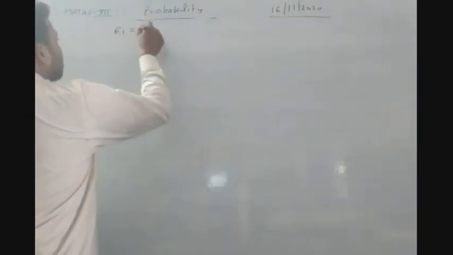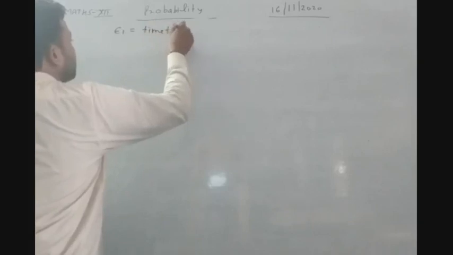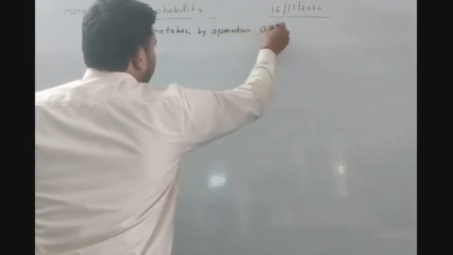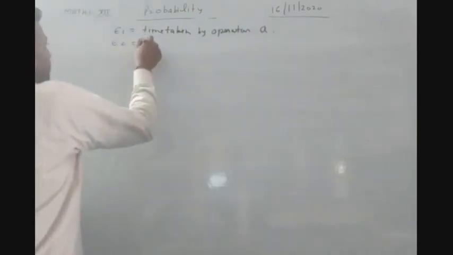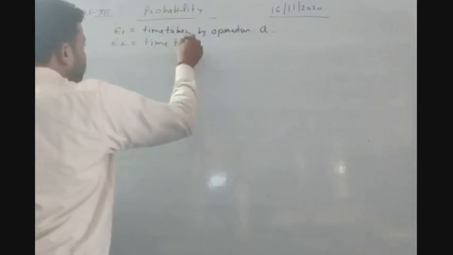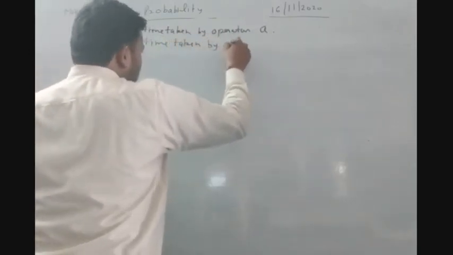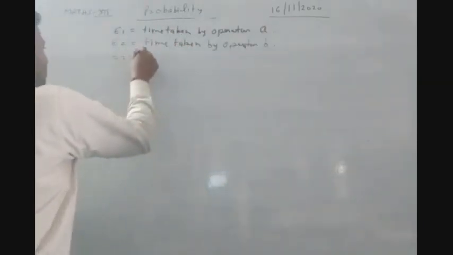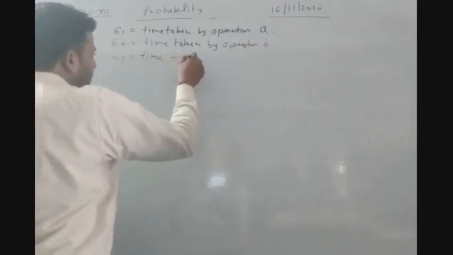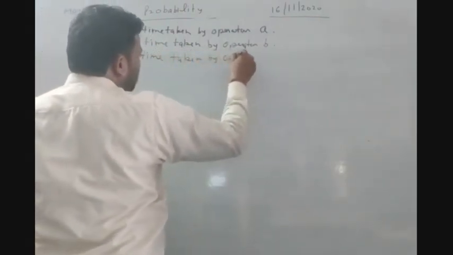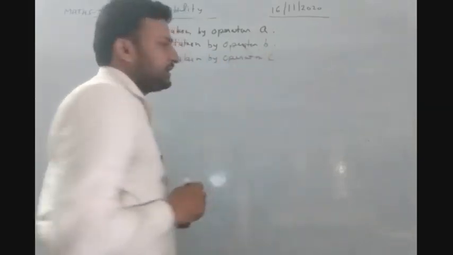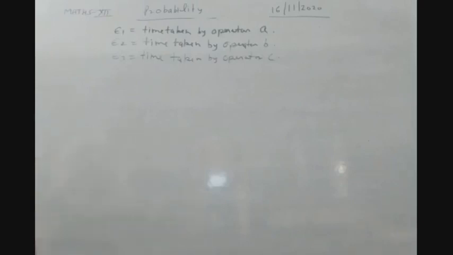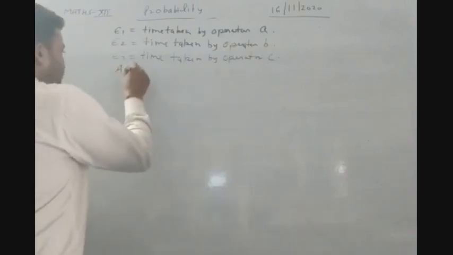So let E1 be the time taken by operator A, E2 the time taken by operator B, and E3 the time taken by operator C. Okay, so these are the three events which we have supposed, and our A is what?